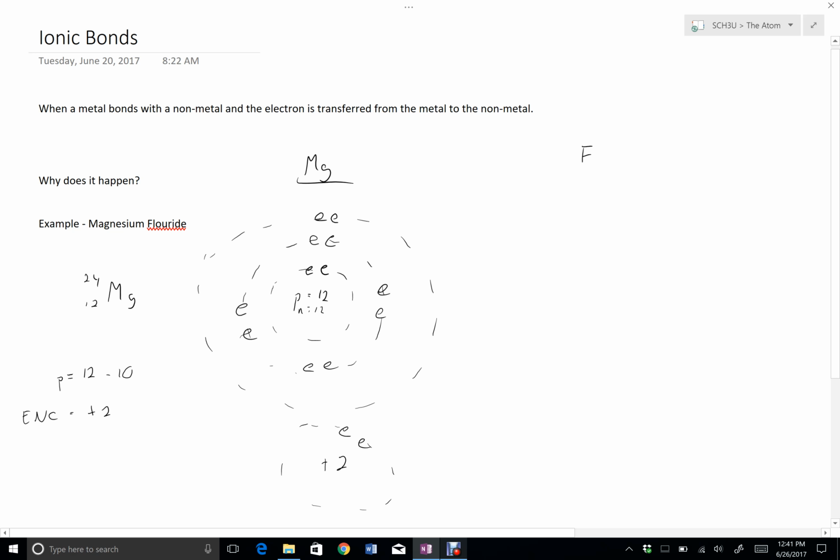Fluorine. Fluorine is 9 and 19. Fluorine has 9 protons, 10 neutrons, 2 electrons in the first shell, 7 electrons in the next shell.